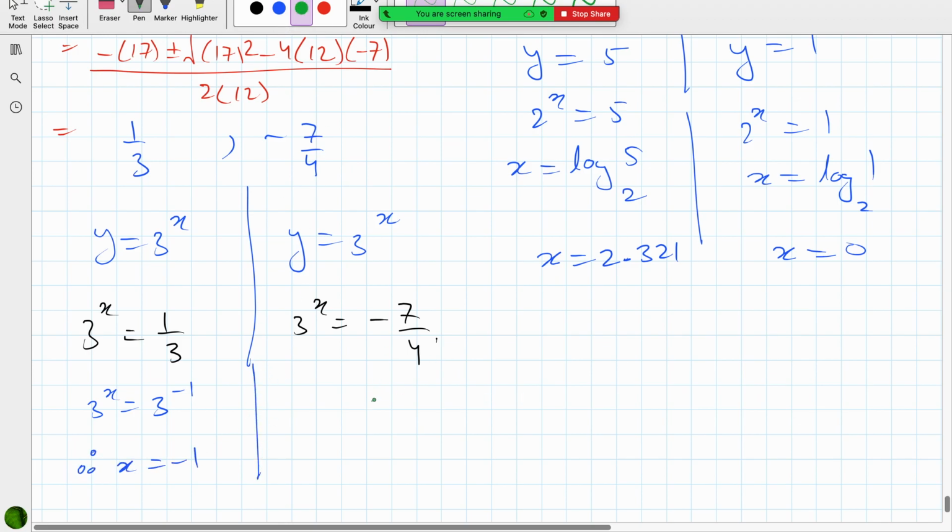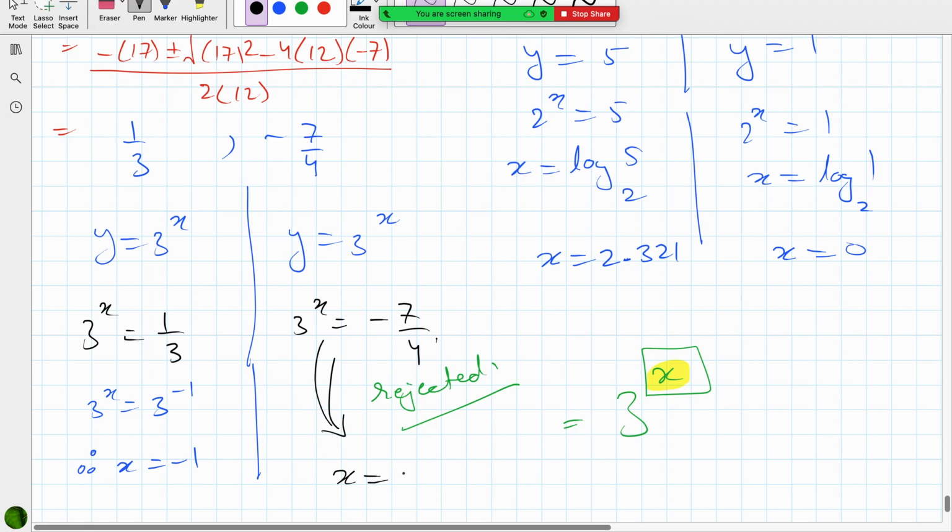On the other hand, I will say rejected. Why so? If you write 3 raised to power x and you choose any number in form of x, it can never be negative. The answer can never be negative. Whatever power you write above 3, the answer can never be negative. Other way, if you still try to convert it into logarithmic form, you will be writing x is equals to log of negative 7 by 4 to base 3.